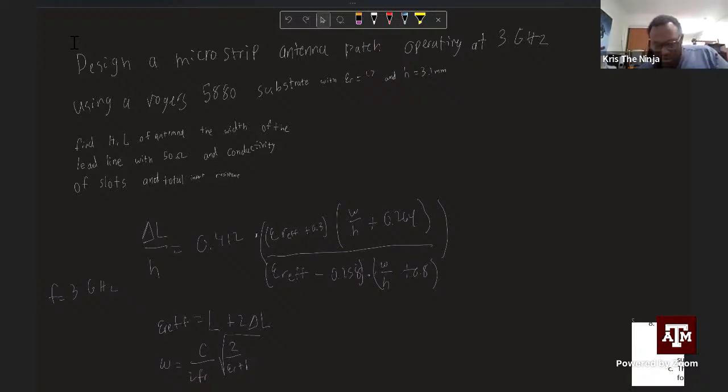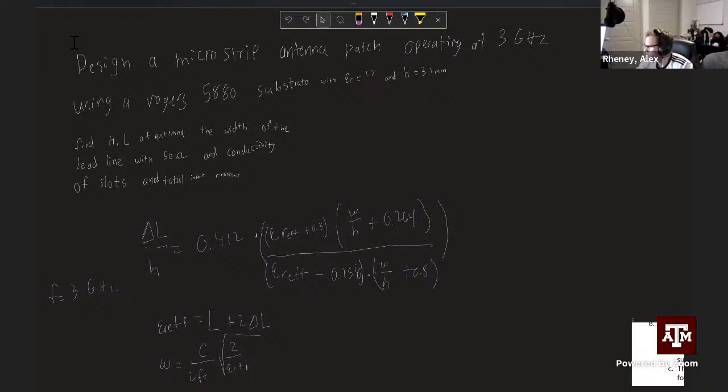Okay, cool. The epsilon R in the bottom of the square root, that's just epsilon R, right?